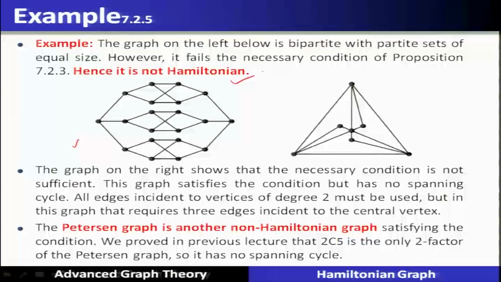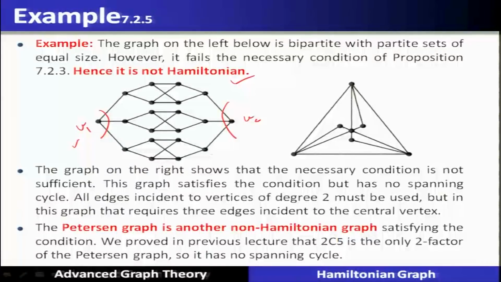That means we can find a subset of vertices S such that if we remove it, the resulting number of components will exceed the number of elements in S. Let us take this vertex V1 and this vertex V2 and remove them from the graph.